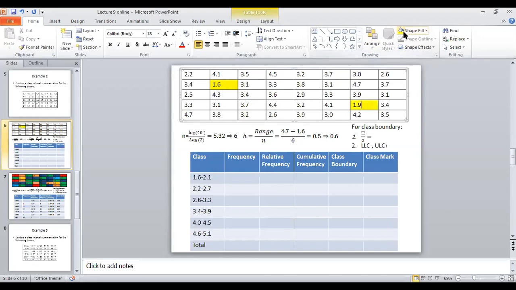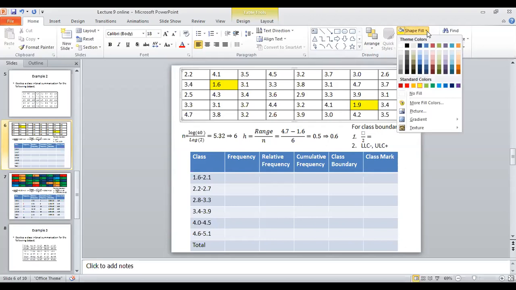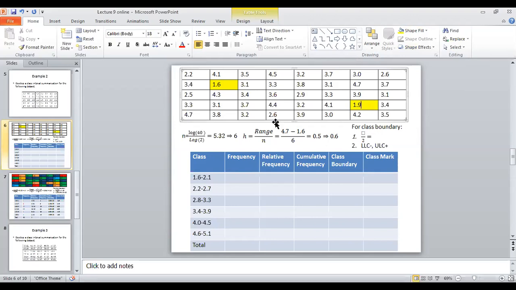So these are our values so far. We have got the frequency equivalent to 2 in this case. So the frequency is 2.